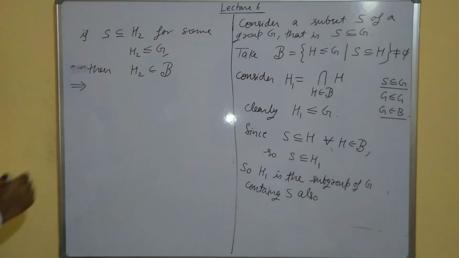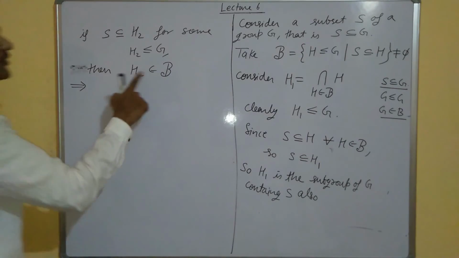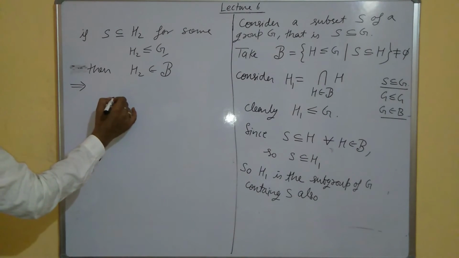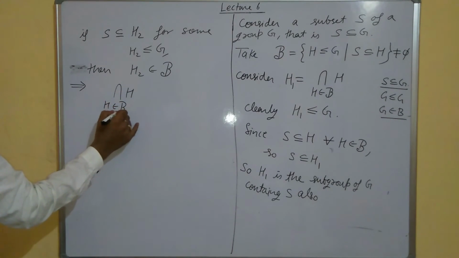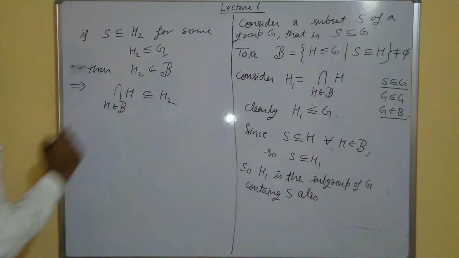This implies, because it is in the family, this H2 will come here. This implies the intersection of H such that H belongs to B will be contained in H2.